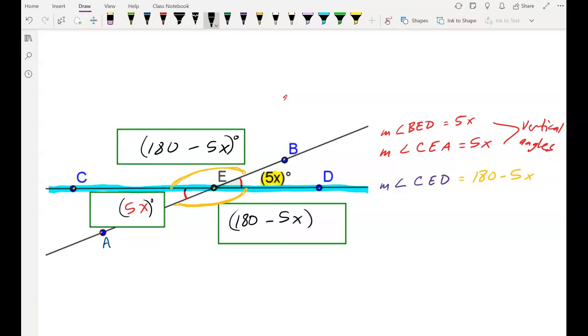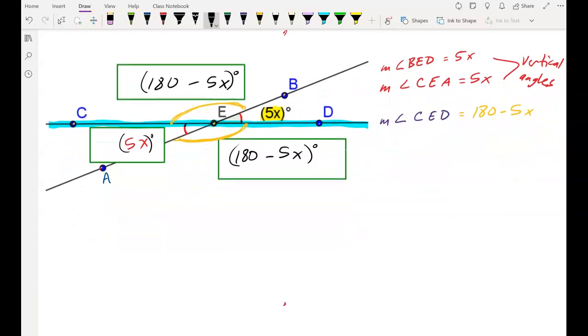And why is that? Because it's vertical angles with angle CEB. They're across from each other in the intersecting lines. Okay? All right, let's move on.